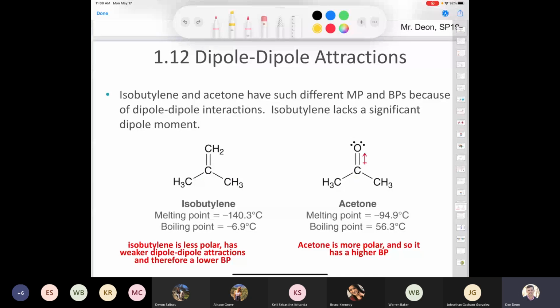Because the only type of intermolecular force that isobutylene can experience are London forces, and I'll talk about what those are in a bit. London forces only, okay? Whereas acetone does experience London forces, but it also experiences dipole-dipole forces. I'll just leave that there because a dipole-dipole force is stronger than a London force.